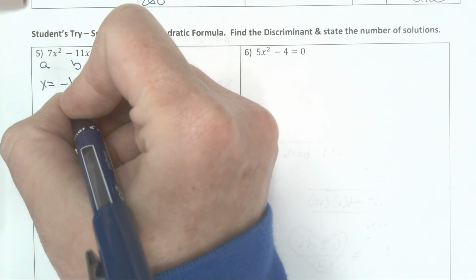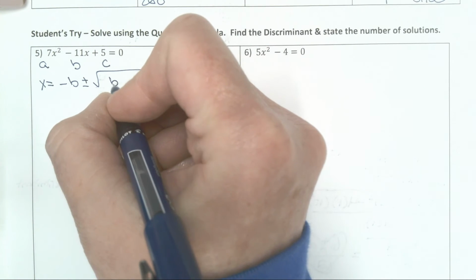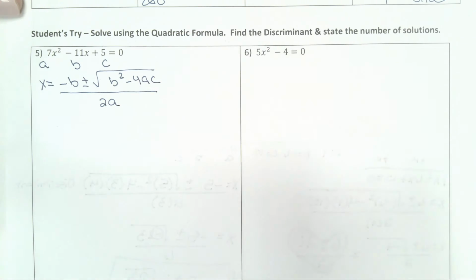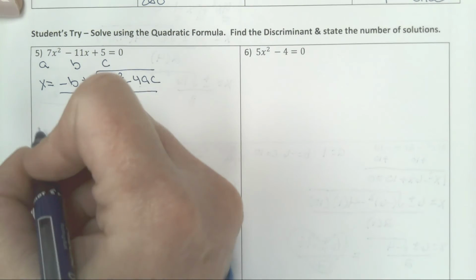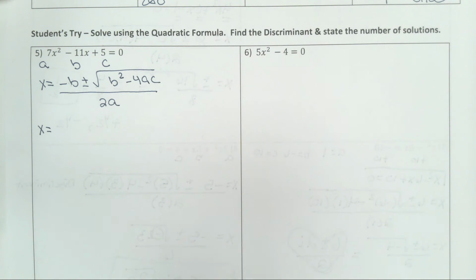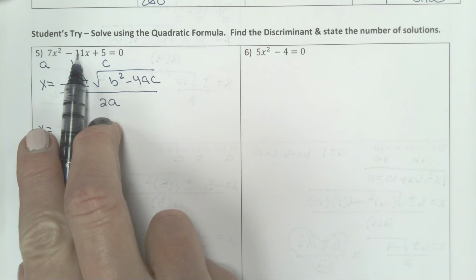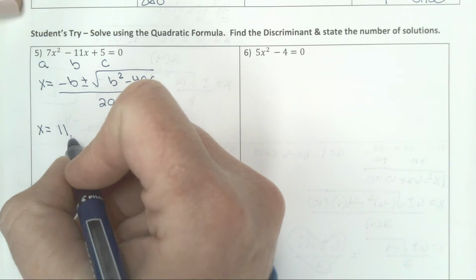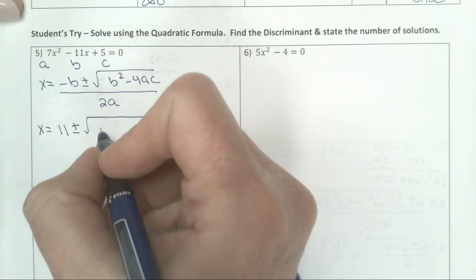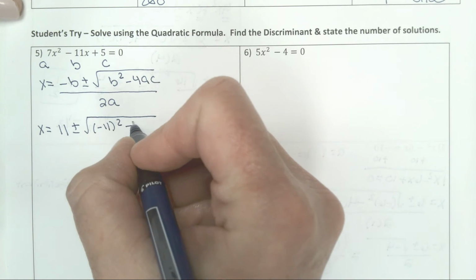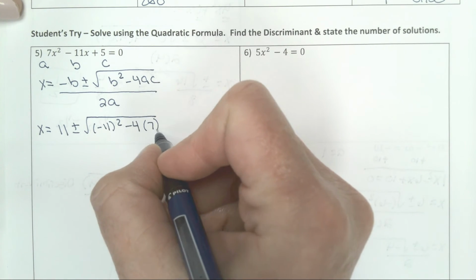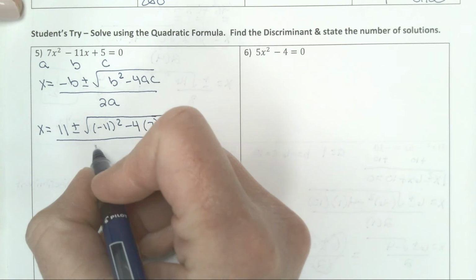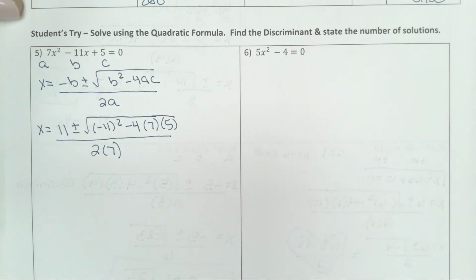So x equals negative b plus or minus square root b squared minus 4ac all over 2a. All right, so now we need to do direct substitution. B is negative 11, so you take that and you change the sign, so I have positive 11 plus or minus the square root of negative 11 squared minus 4 times 7 times 5, all over 2 times 7.